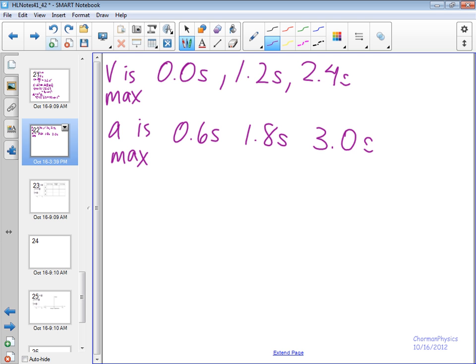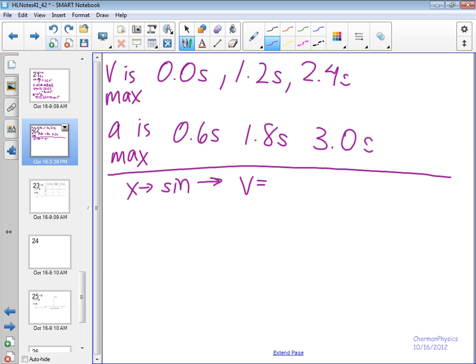The next question asks, determine the velocity of the object at 1.3 seconds. Use both formulas. What that's telling you is to use the alternative velocity formula and your velocity function from the displacement function. So we'll start out with that one. Since x deals with the sine here, we know that our velocity function looks like the following.